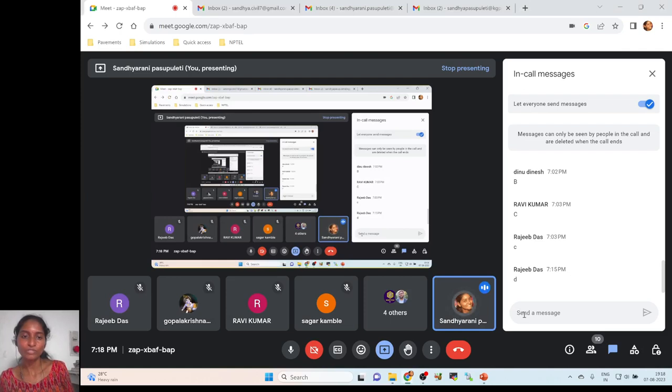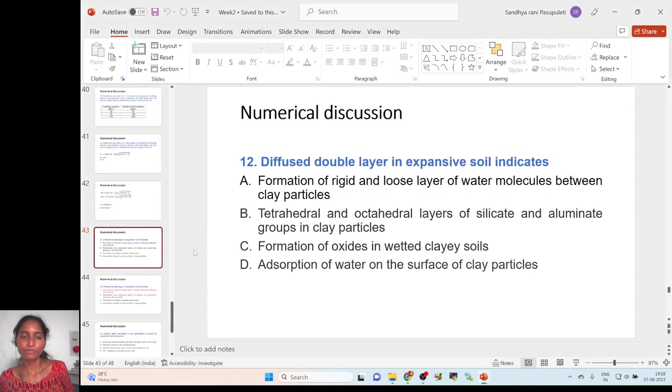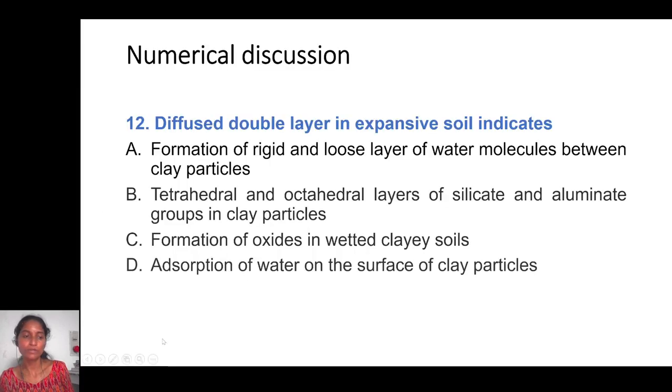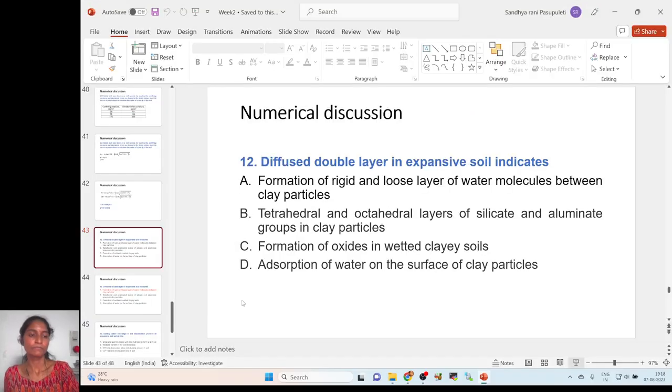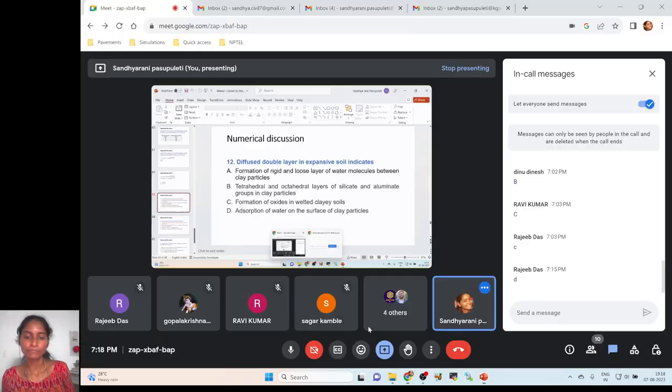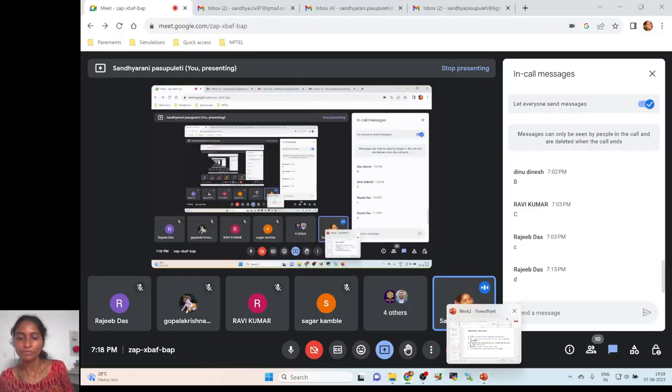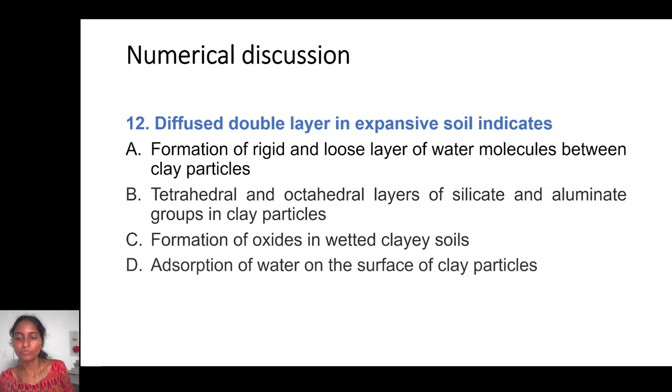He says option D. Okay. Are there any other options? Any other guesses? If you want to see the options, you can see. Okay, if there are no other answers.